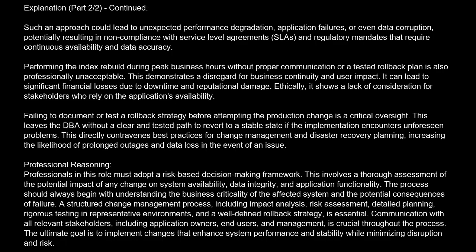A structured change management process, including impact analysis, risk assessment, detailed planning, rigorous testing in representative environments, and a well-defined rollback strategy, is essential. Communication with all relevant stakeholders, including application owners, end users, and management, is crucial throughout the process. The ultimate goal is to implement changes that enhance system performance and stability while minimizing disruption and risk.